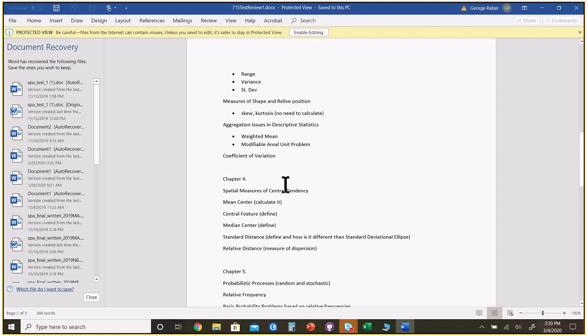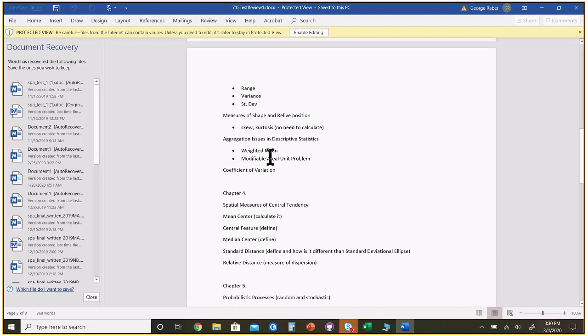Now we're getting into things that might be a little bit harder to calculate, but still I'm only going to include three or four observations. I do want you to be able to calculate a weighted mean. So go back and look at how you calculate that.